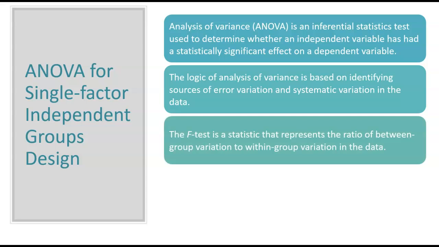The F test is the significance test associated with ANOVA. And basically it's described statistically as a ratio of between groups variation, which is what we're referring to as systematic variation, and within group variation, which we're referring to as error variation.